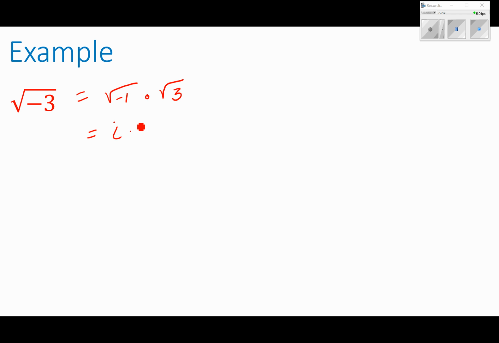So this becomes I root 3. So we no longer have that square root of a negative. Now we have I root 3. And if this was a better one, and say it was I root 4, we would simplify that to be I times 2, which we're going to get in the habit of writing as 2I. We'll get to those.